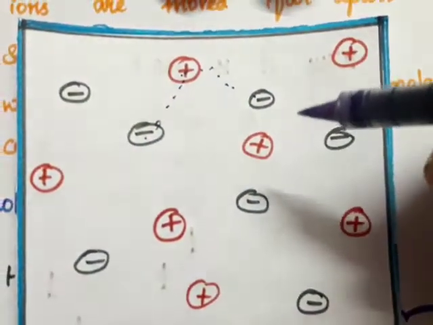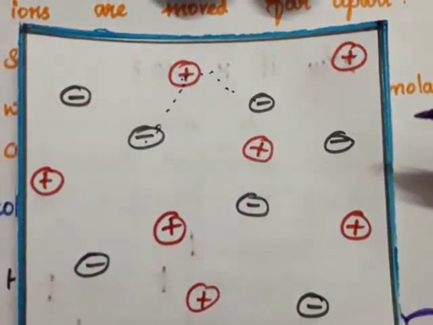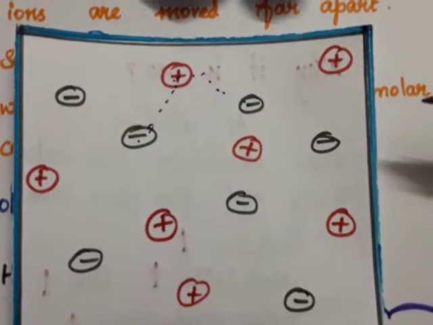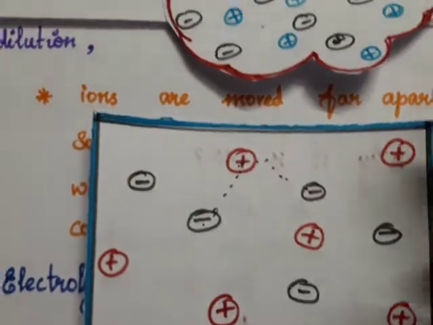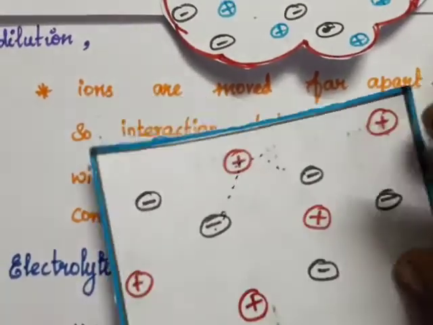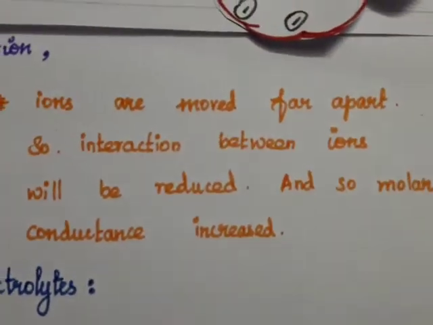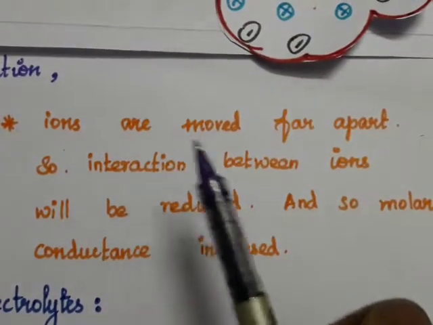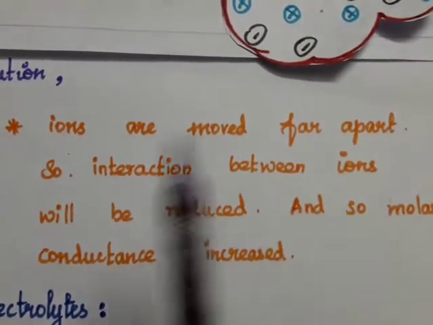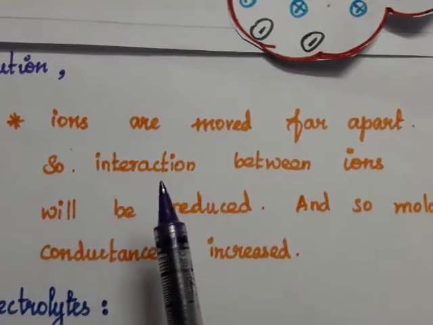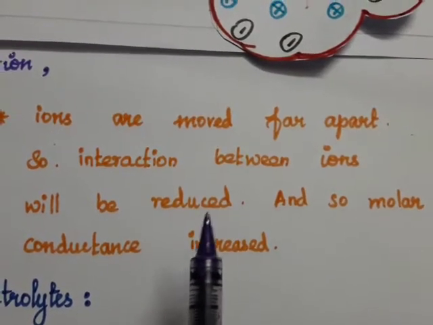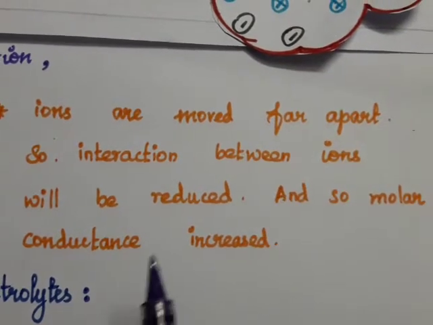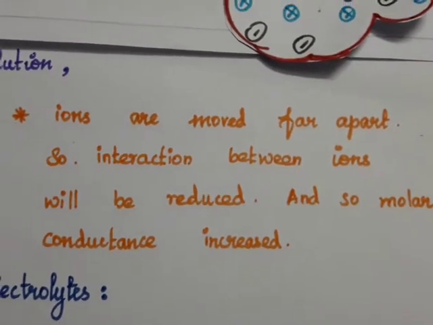So because of this less attraction between the positive and negative ions, the molar conductance at low concentration or at dilution will increase, right? So that's what we have written here. The ions are moved far apart, so the interaction between ions is reduced, and so the molar conductance increases, right?